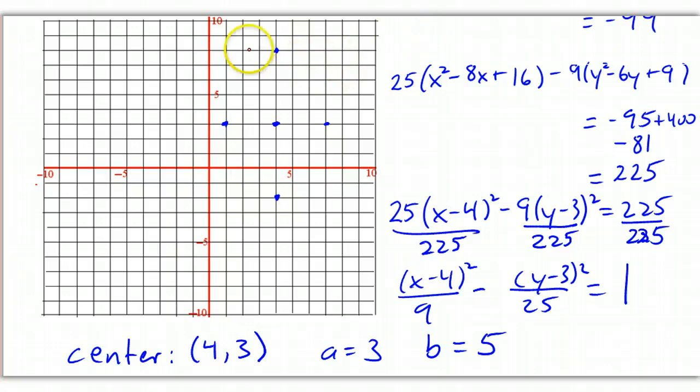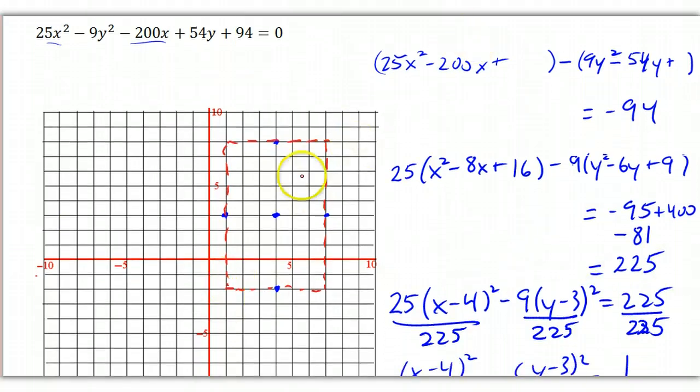I'm going to fill in those points into a rectangular box. I'm going to plot my asymptotes by connecting the corners of that box. And on a transverse horizontal axis, my hyperbola looks like this.